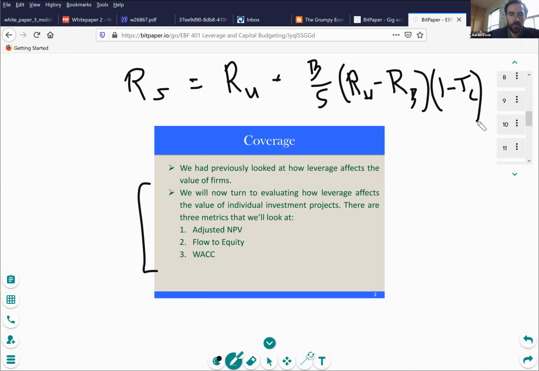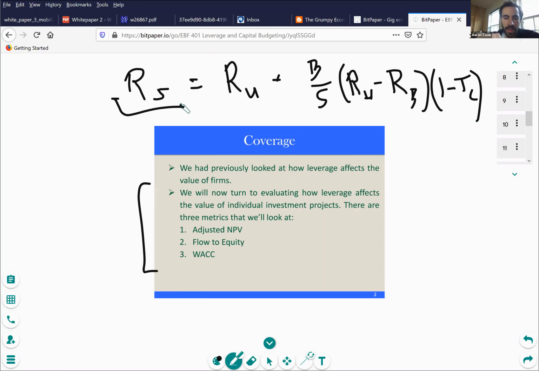So we're going to distinguish between levered cash flows and unlevered cash flows, and we'll talk more about what that is in a second. But then we're going to use the levered cost of equity as our relevant discount rate.